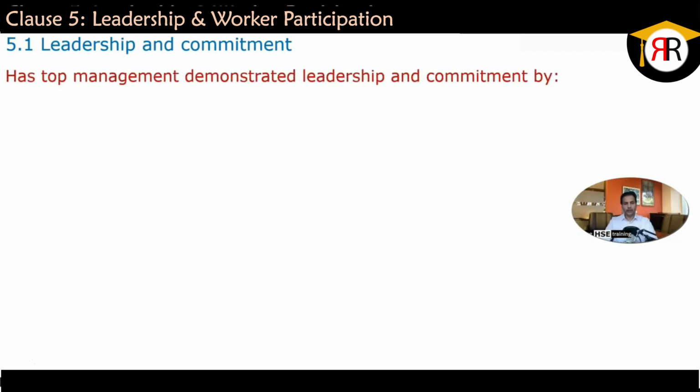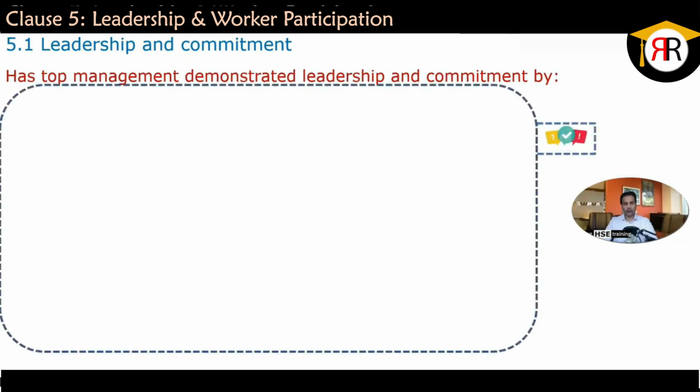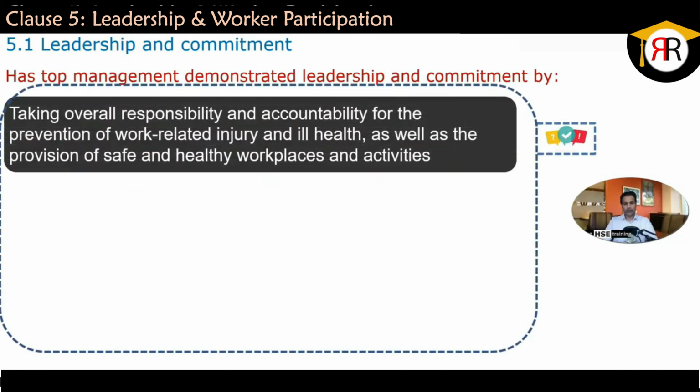Here we need to see if top management has demonstrated leadership and commitment by taking overall responsibility and accountability for the prevention of work-related injury and ill health, as well as the provision of safe and healthy workplaces and activities.